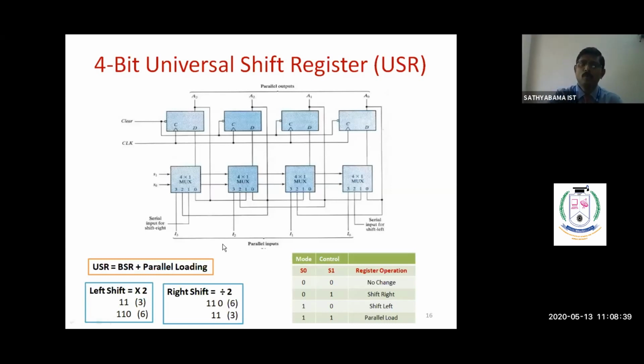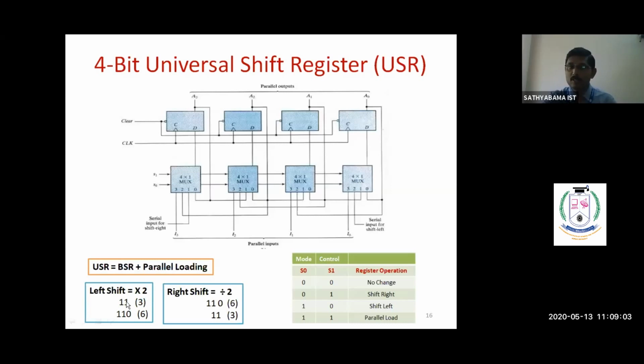At the time of the left shifting process, the value is multiplied by 2. Suppose, for example, the present value is 11. I make a left shift, which means these 2 bits shift to this side, and the empty space is filled with 0. Therefore, I get the value 110, which is equal to 6.